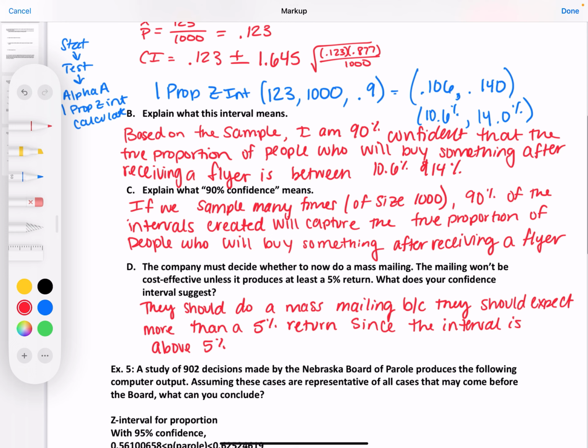Now, if they had said they only wanted to do it if they were going to get a 15% return, they shouldn't do it because our percentages were only between 10.6 and 14%. But as long as whatever they are seeking is in our interval, we can say that they can proceed, basically.